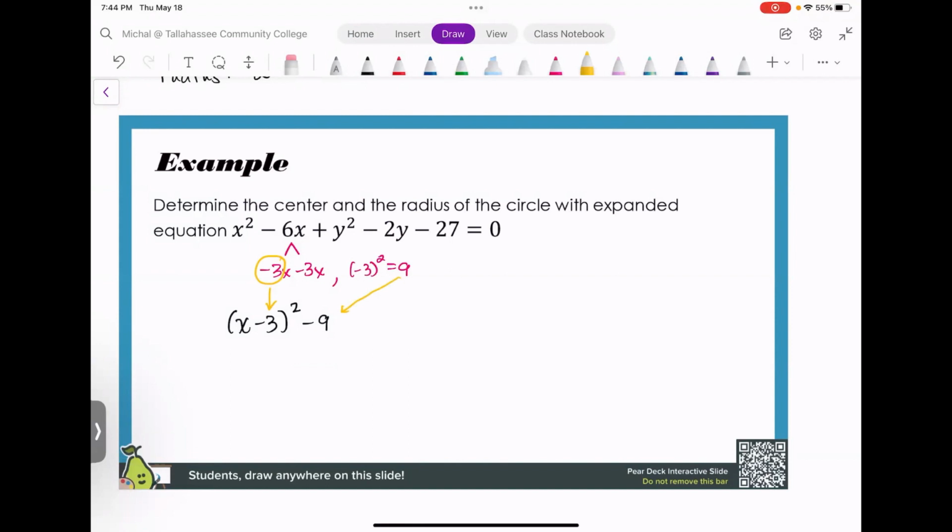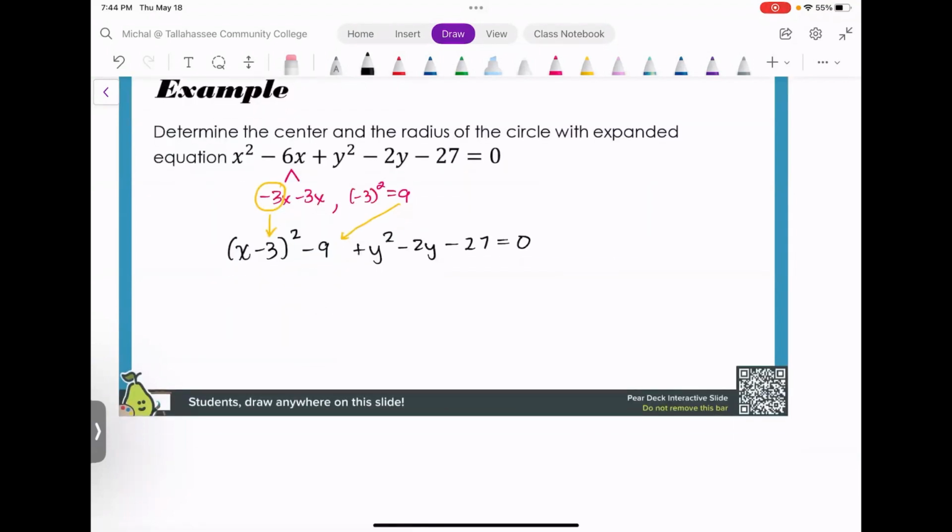All right. For the y parts, I'm going to bring it down so I have more room to write. I'm going to take this negative 2y term and split it in half to be negative 1y minus 1y.